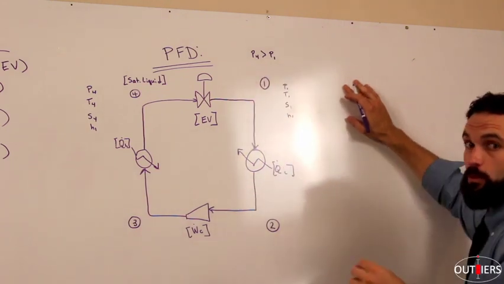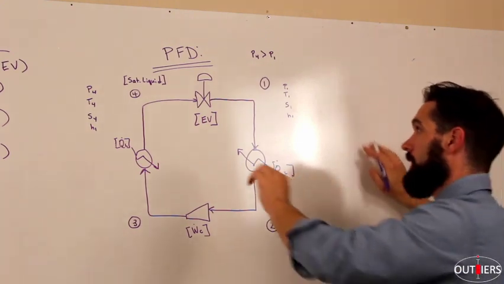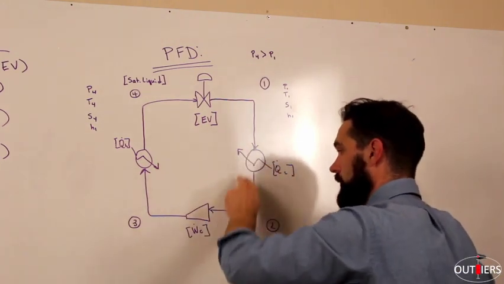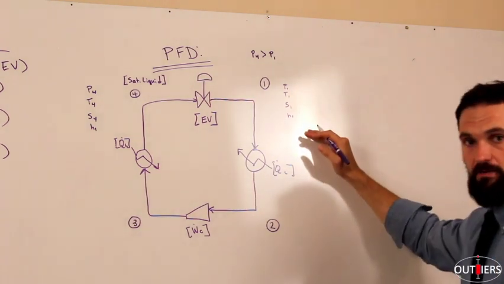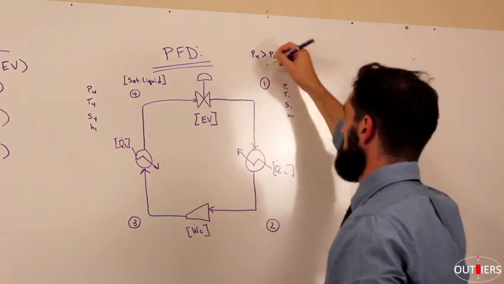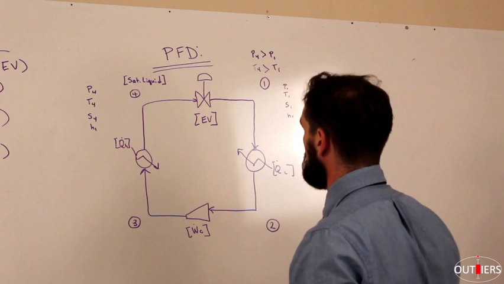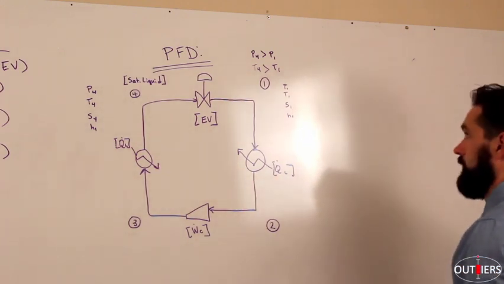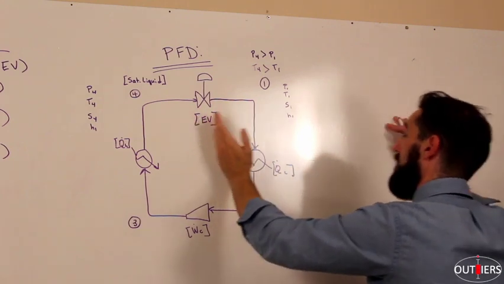Because we're at equilibrium, and we've assumed we're working with a pure working fluid, a pure refrigerant, that constrains all the other state functions. So if the pressure goes down, the temperature also has to go down. That's effectively what's happening as we come across this valve.